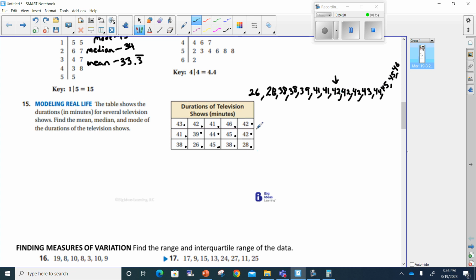The median has to be 42. So look for the mode, the number most often seen. 38 is done twice, 42 is done twice, but 42 is done 1, 2, 3 times. So I'm going to go with 42 as the mode.